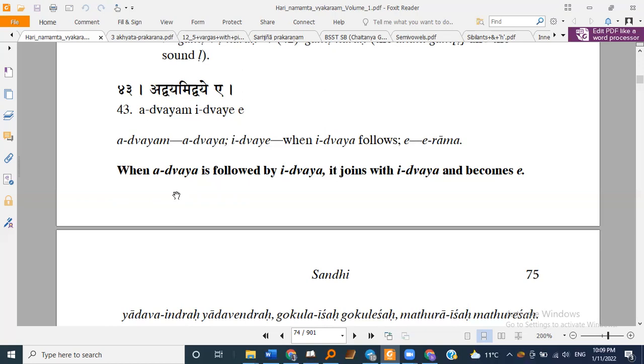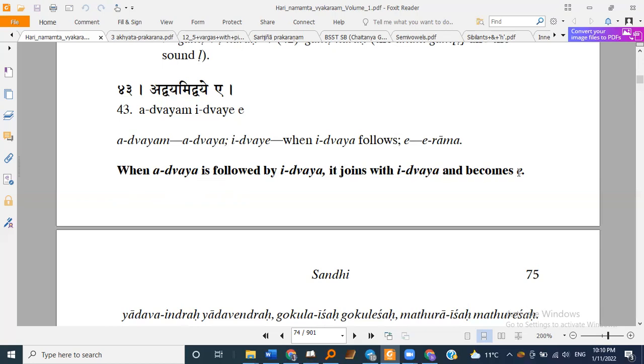So at the end of Krishna, we have A, which is a part of Advaya, and followed by Idvaya, that means the second word's first letter is either of the Idvayas, either the Vamana or the Trivikrama. So let's say Krishna Yukta Iti. So when Advaya is followed by Idvaya, it joins with Idvaya and becomes A.